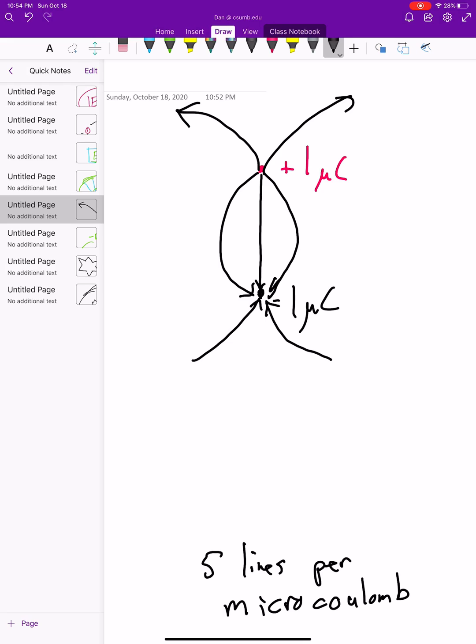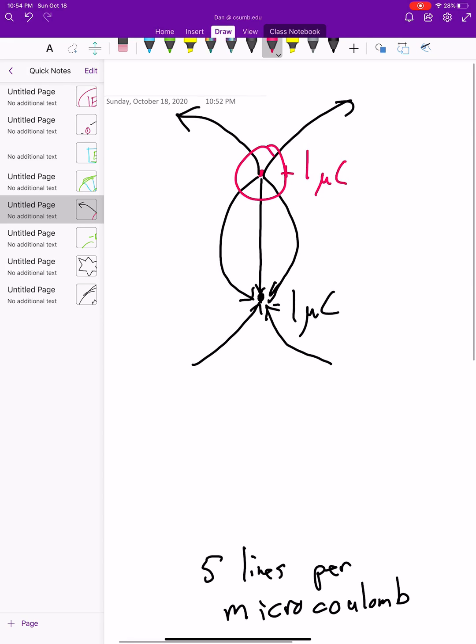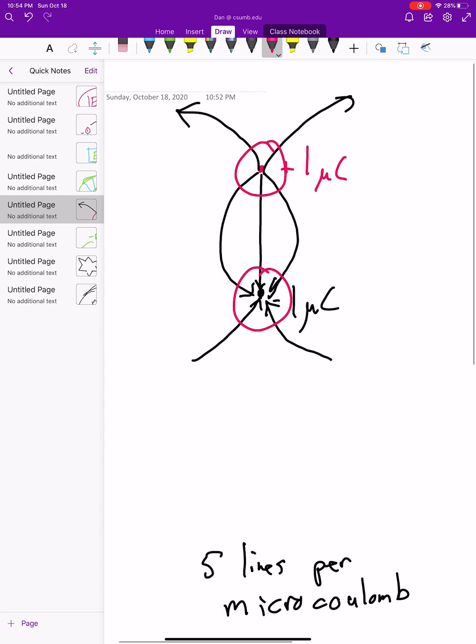But you can see I have 5 lines up here and I have 5 lines down here. So both of those conditions are satisfied. These lines are all pointed away from the charge, as they should be, because it's a positive charge up here. This one down here is the negative charge, so all of the electric field lines should be pointed toward the negative charge. Okay?